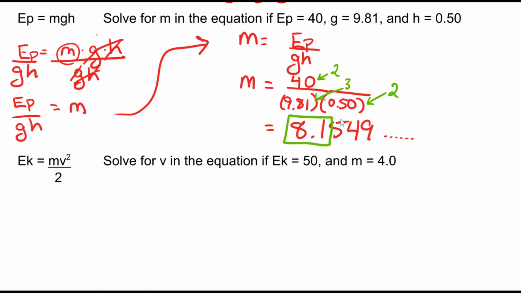Now look at the next digit, it's a 5. It's going to round that 1 up to a 2 because 8.15 is closer to 8.2 than it is to 8.1. So the actual answer that we're going to report is going to be 8.2. That's the actual value of m. Good. Couple more.